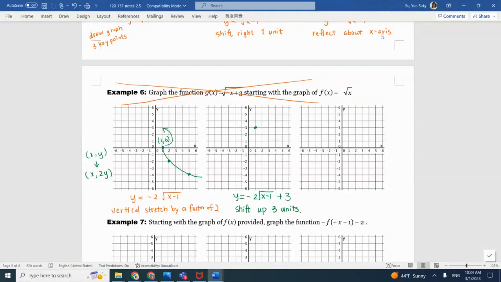What do you get? Yes. So what's the x coordinate? 2. Yes. So (2, 1). Okay, so (2, 1) right here. Last one. This point, if we move up 3 units, what do we get?